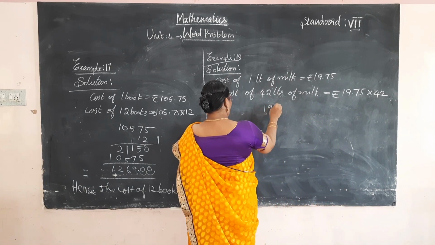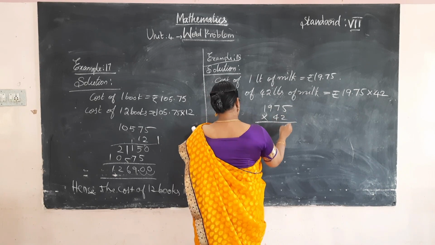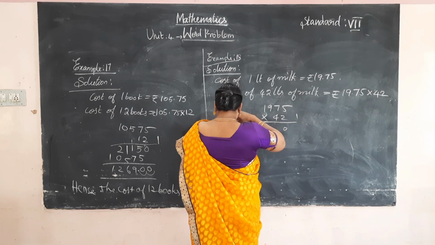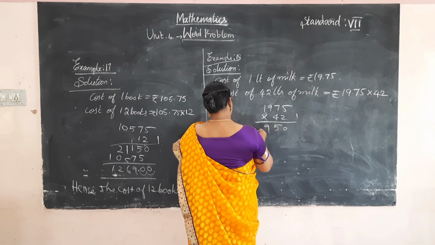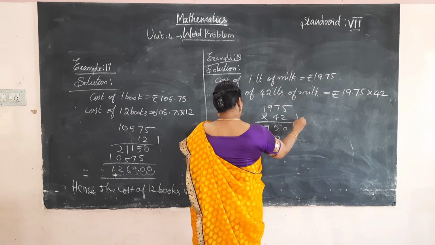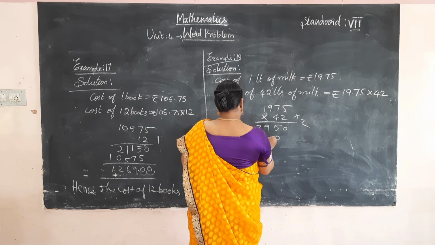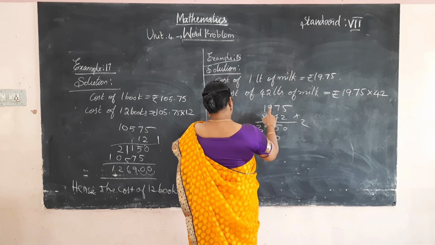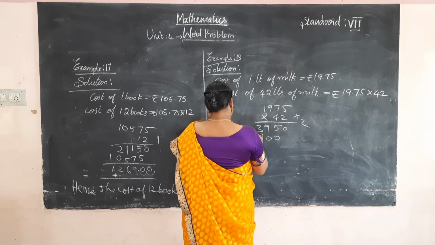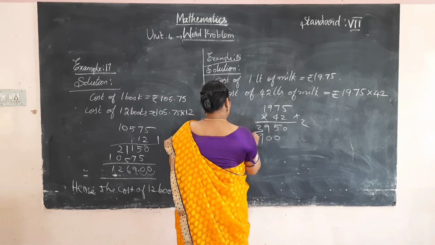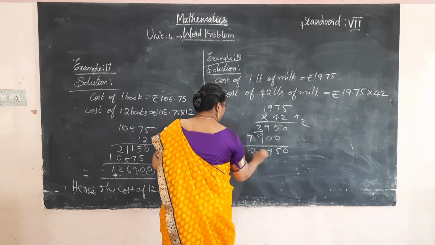So 1975 into 42 is equal to, 2 fives are 10, 14, 15, 9, 3, 20, 8, 33, 36, 39, 4 plus 3, 7, 0, 5, 9, 12, 8.